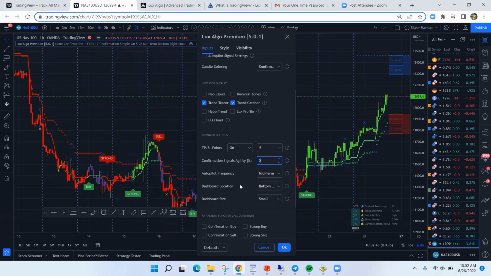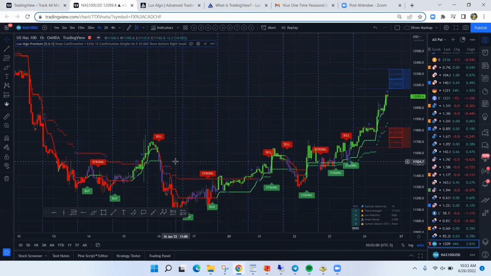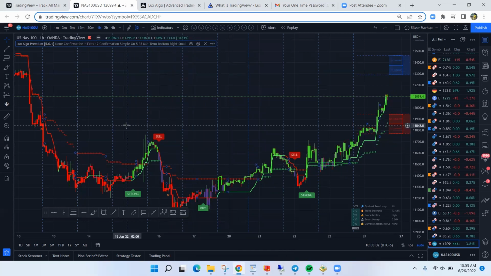It's going to change the frequency. Lower is going to change the frequency, make it more sensitive. Higher will make it less sensitive. Almost think of it like periods. You know how when you have a higher number RSI, it is less sensitive. See, I put 35 in, and it makes it less sensitive, and it'll only show you the strongest indications.